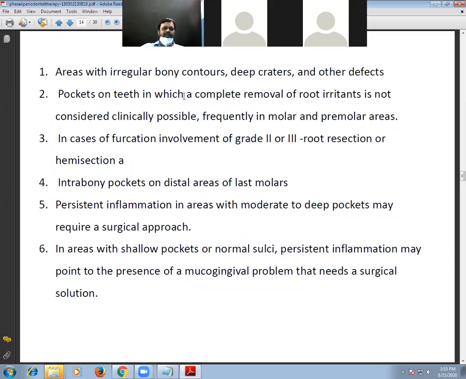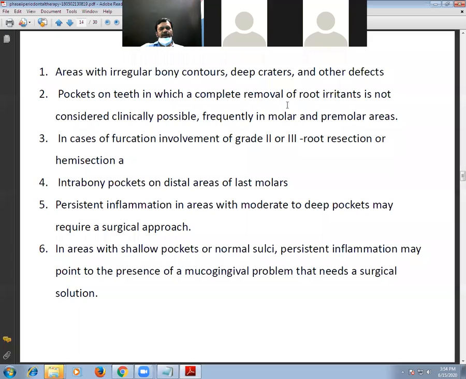Then, pockets on teeth in which complete removal of root irritants is not considered clinically possible, frequently in molars and premolars. Whenever the pocket depth is greater than 5 millimeters, the clinician usually has difficulty with accessibility.